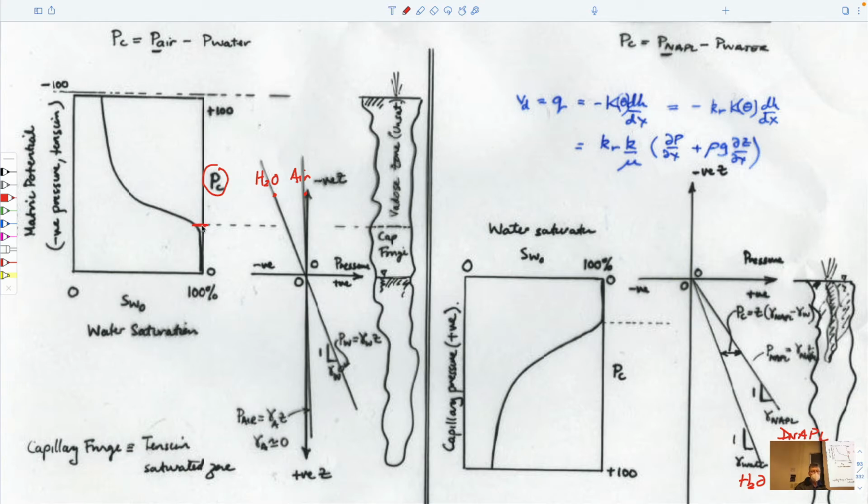And above this pressure, air can get in at very low saturations, and as the capillary pressure builds as we go higher up, it becomes more tensile, and the saturation of air, which is the non-wetting fluid, increases at the expense of the saturation of water. Wetting fluid, non-wetting fluid, etc.